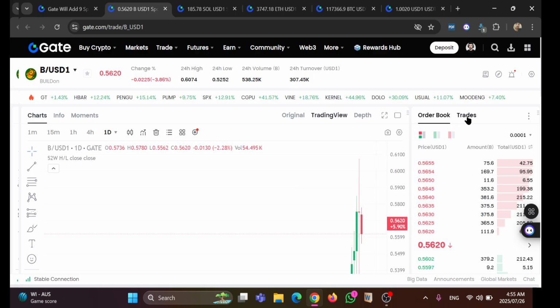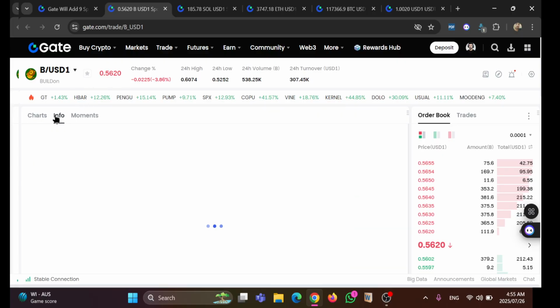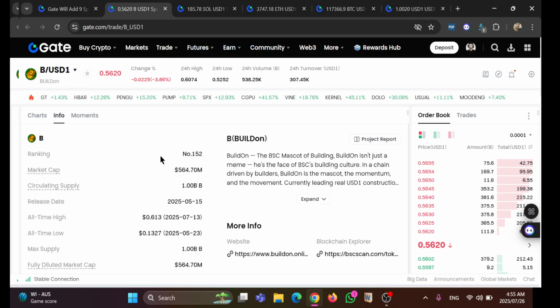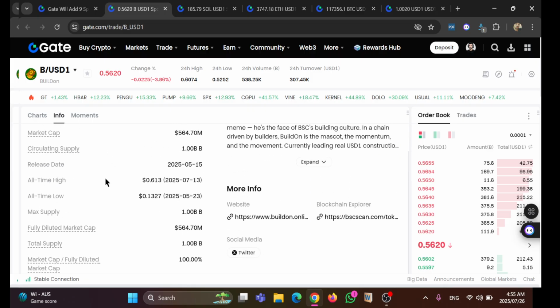This is the order book, and these are the trades. And first of all, let's get some information about B, meaning Build On. B is ranking number 152, and its market cap is 564.7 million USDT. The circulating supply of B is 1 billion B, and the release date is 15 May 2025.